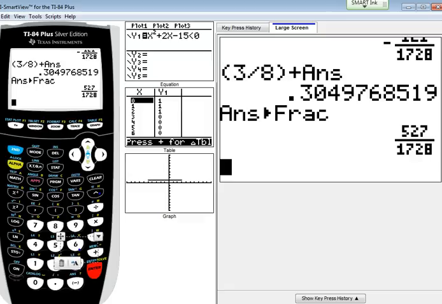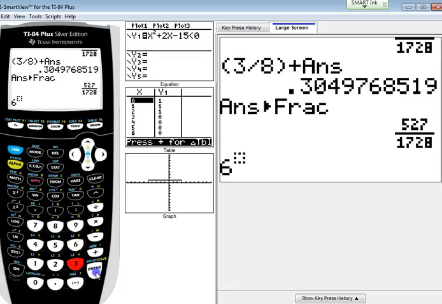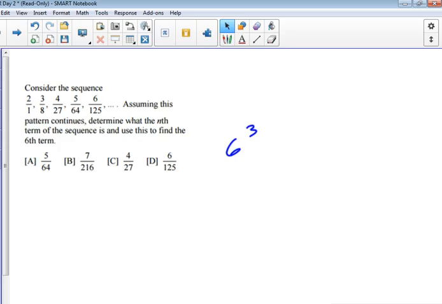This is weird. So 216. So it has to be these, 1, 2, 3, 4, 5, 6. I thought you had to do arithmetic or geometric. I didn't think that you could just do it like that.